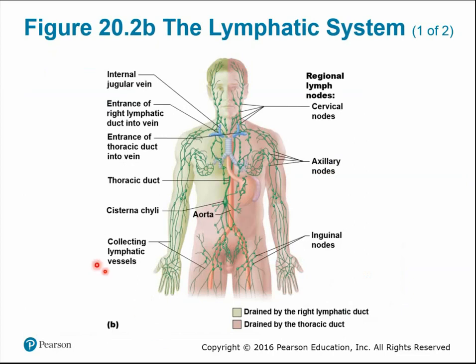So again, just a general overview of the lymphatic system, all the vessels and major structures. The right lymphatic duct drains all of this region highlighted in green, and your thoracic duct drains fluid from pretty much the rest of the body, shown in pink.